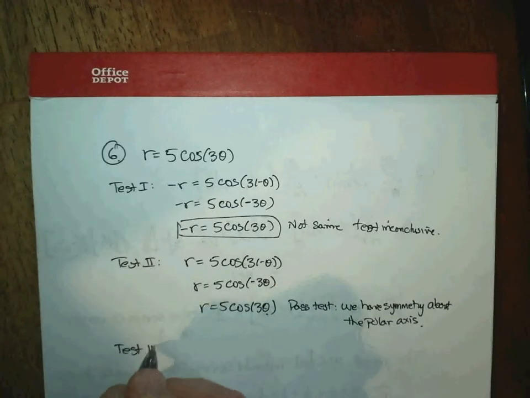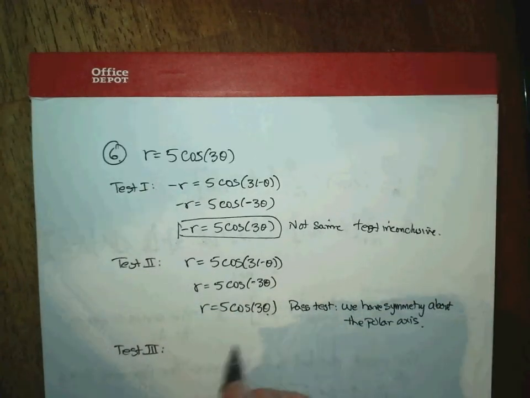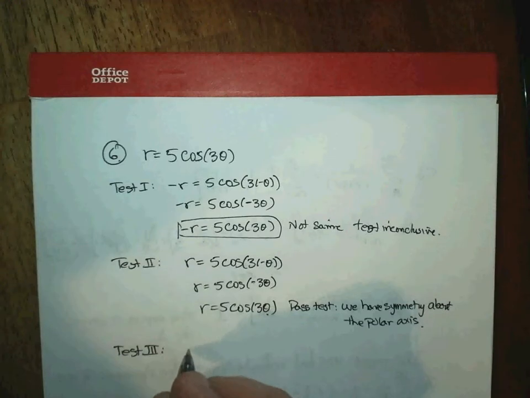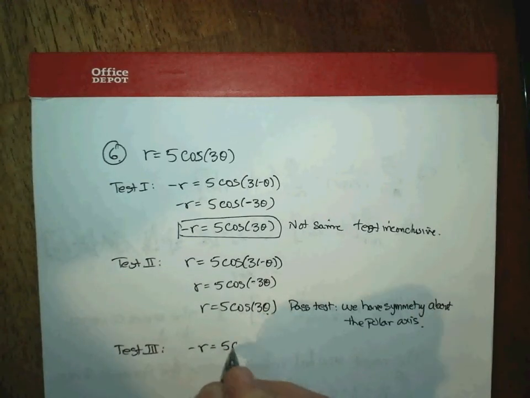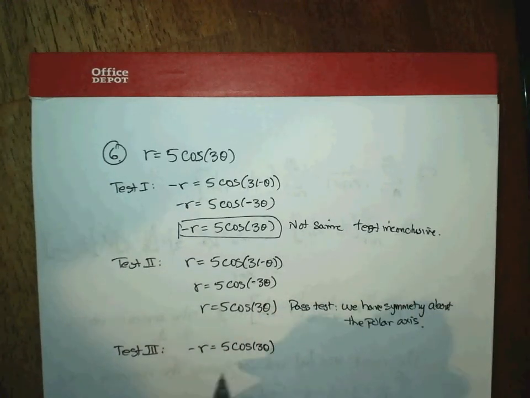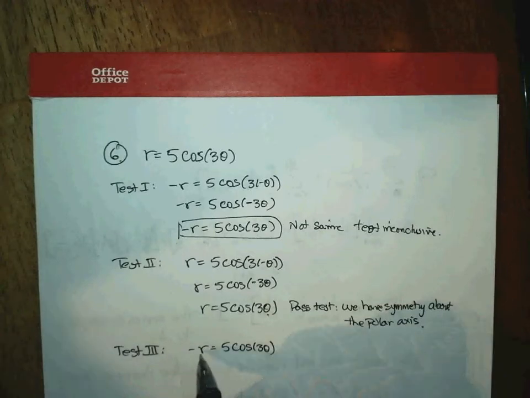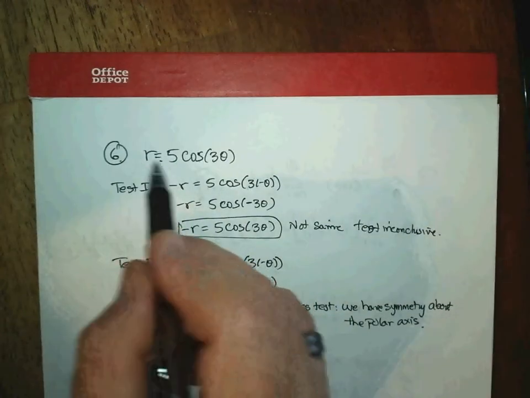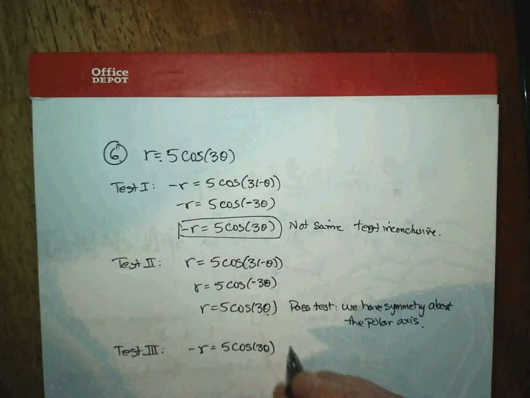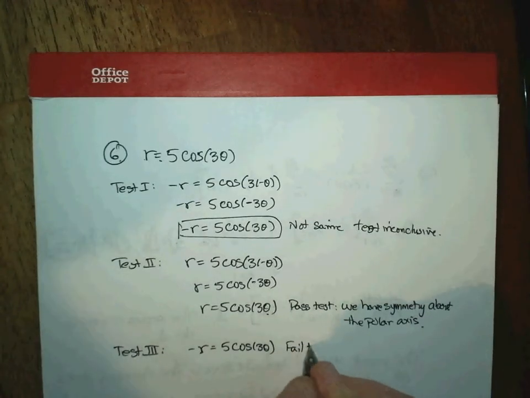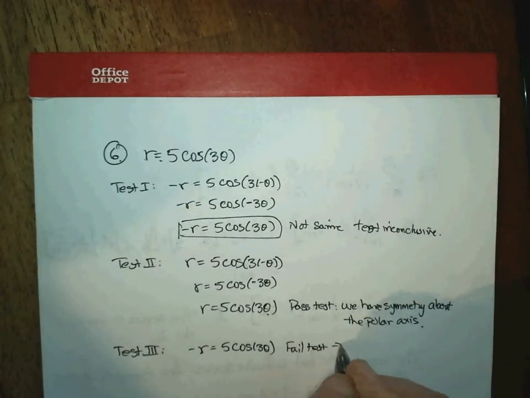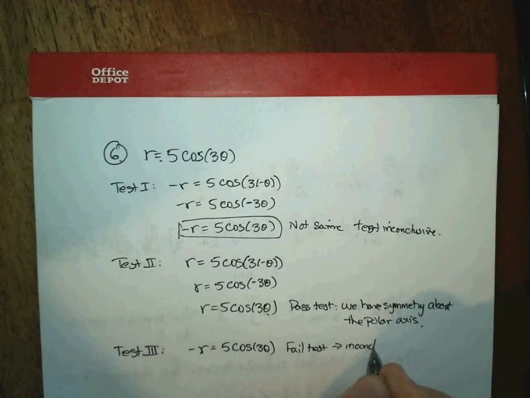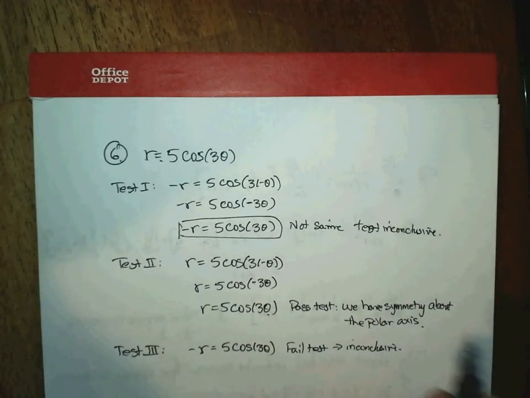And in test 3, if we run that one, that's where you replace the r with negative r. There's absolutely no simplification that can be done. This is not the same as the original equation. They differ on the r, so we fail the test. It's inconclusive, meaning I don't know if I have origin symmetry or not.